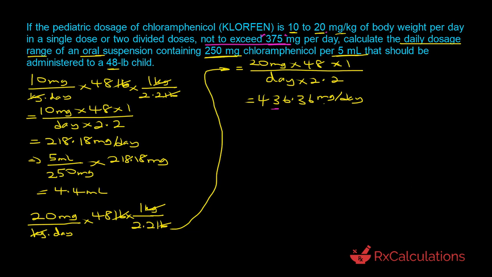So here for the upper range, we will take the 250 milligrams of chloramphenicol per 5 ml and use that information together with the 375 milligrams to determine the upper range. So what that would look like then is you have 5 milliliters containing 250 milligrams of chloramphenicol, and we multiply that by the 375 milligrams.